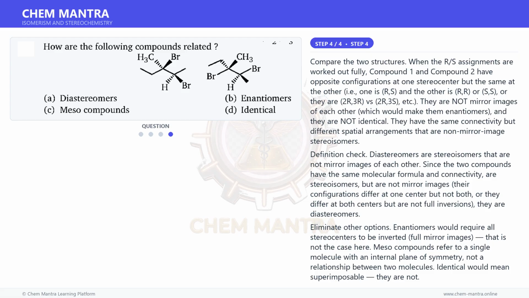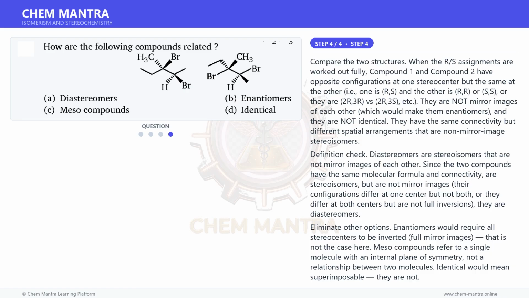When the RS assignments are worked out fully, compound 1 and compound 2 have opposite configurations at one stereocenter but the same at the other, i.e., one is RS and the other is RR or SS, or they are 2R,3R versus 2R,3S, etc. They are not mirror images of each other, which would make them enantiomers, and they are not identical.